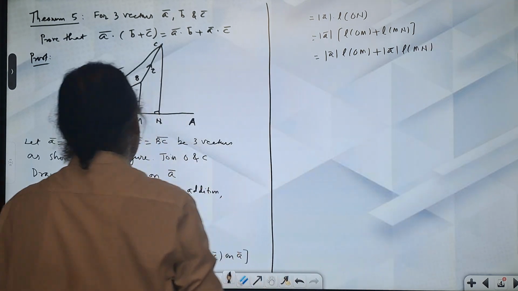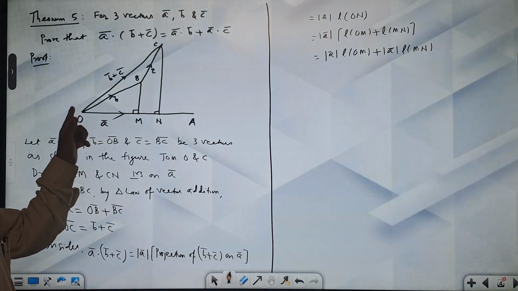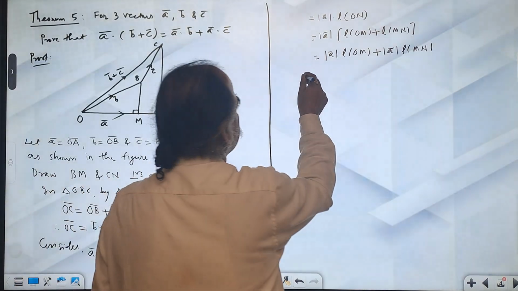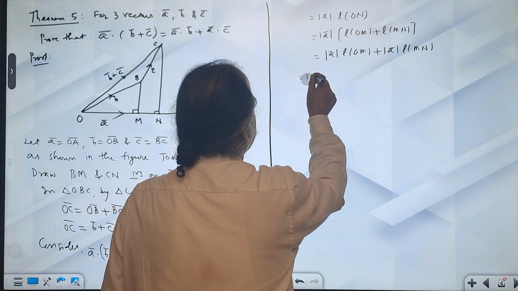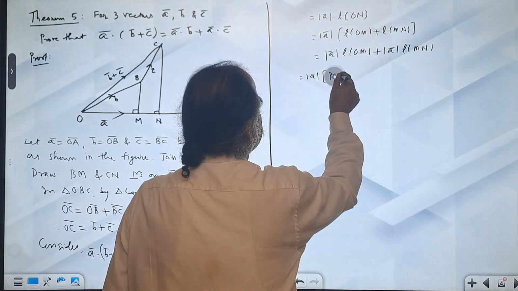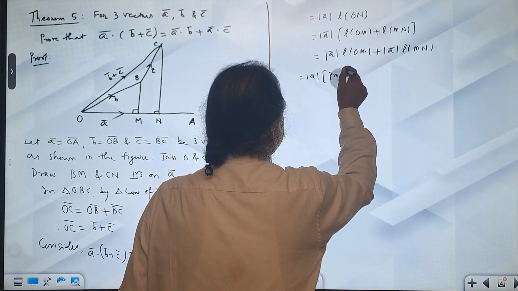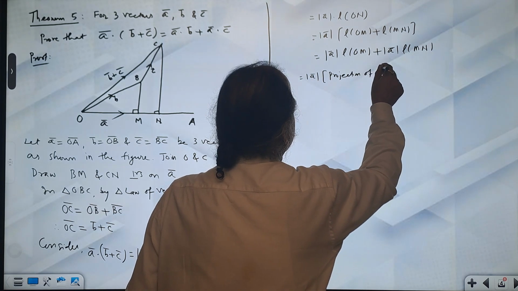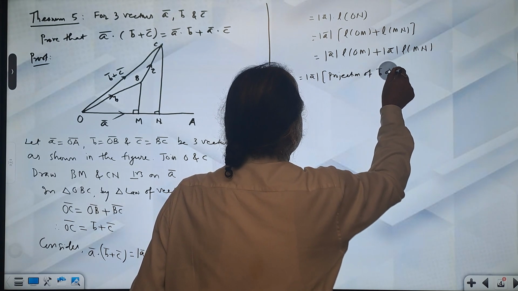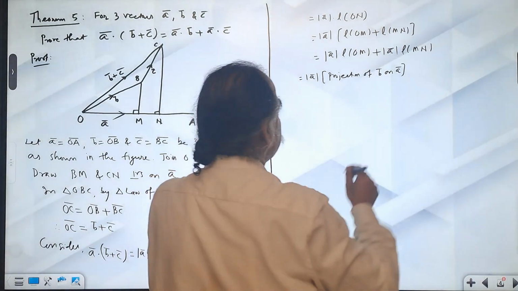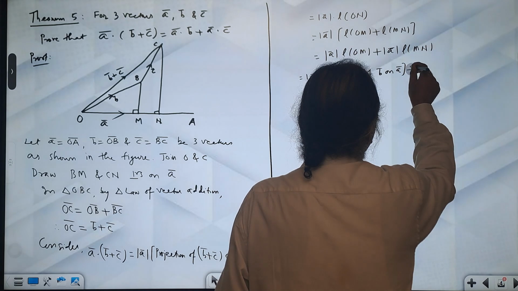And if you see the diagram, length OM is what? Projection of B bar on A bar. So mod A bar into length OM is projection of B bar on A bar, plus mod A bar into length MN.